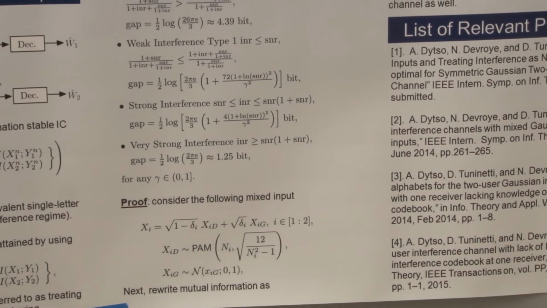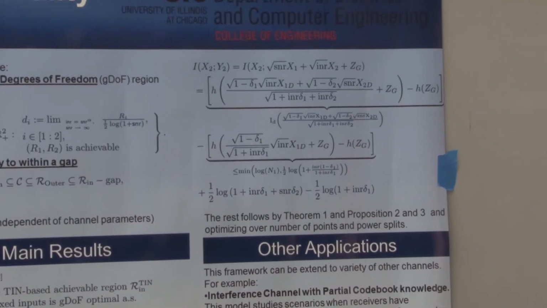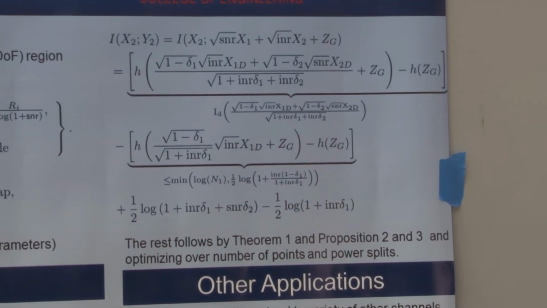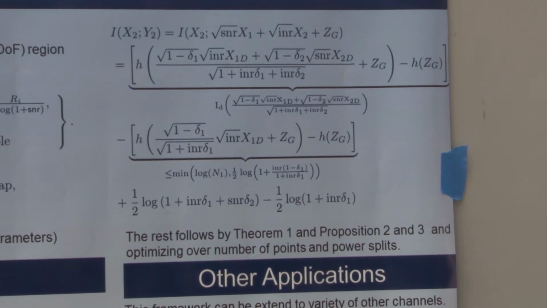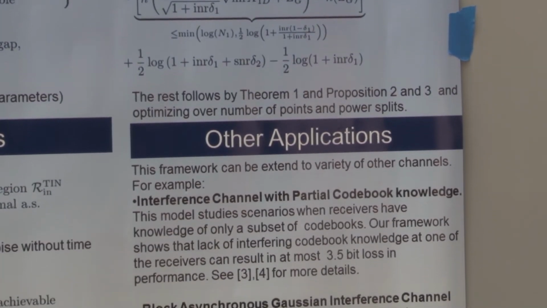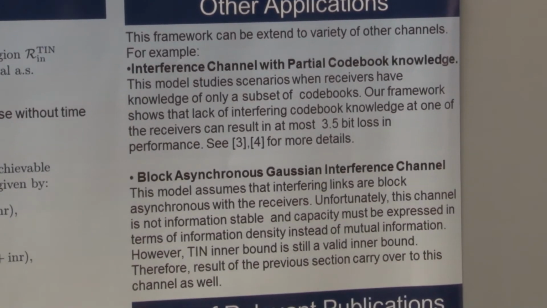The nice thing about this treating-interference-as-noise inner bound is that it works for a lot of different channels. One of them is the channel with partial codebook knowledge, where decoders are restricted in the decoding schemes they can use.